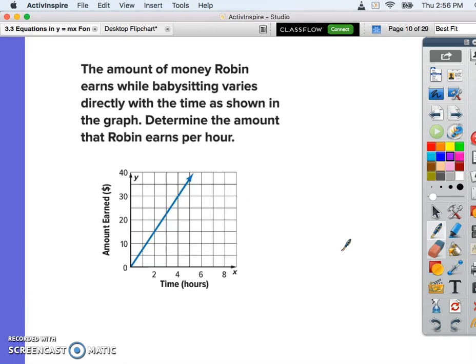The amount of money Robin earns while babysitting varies directly with the time as shown in the graph. Determine the amount that Robin earns per hour.